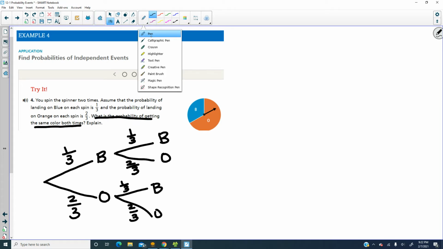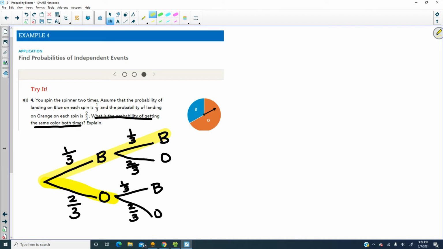So there's a couple ways this could happen. Highlight the path. Same color both times would be me getting a blue and a blue, or me getting an orange and an orange. So the tree is really helpful here. So to get a blue and a blue, I would have to do 1/3 times 1/3 equals 1/9.